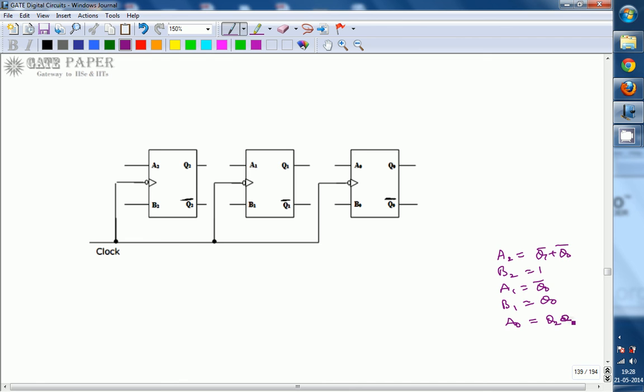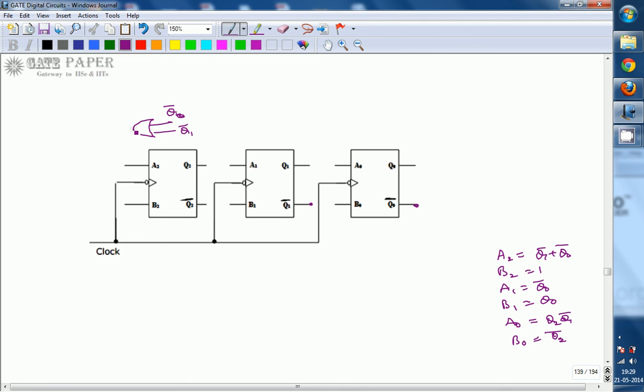So complete this circuit diagram. A2 will be Q1 bar plus Q naught bar, so make an OR gate with inputs Q naught bar and Q1 bar. You are taking the lines from here, and the output of that one is going to be connected as A2.